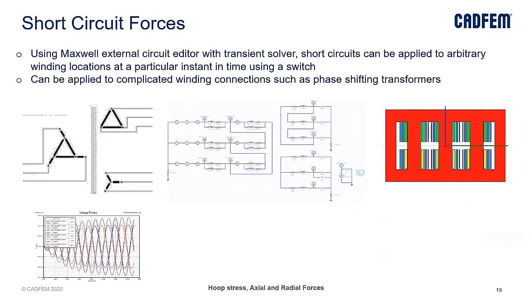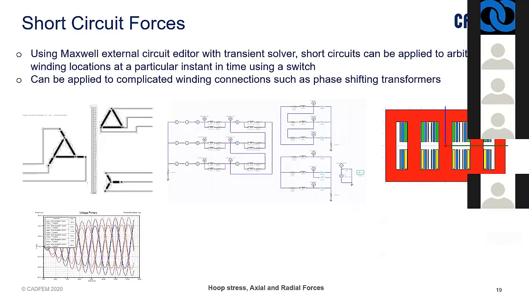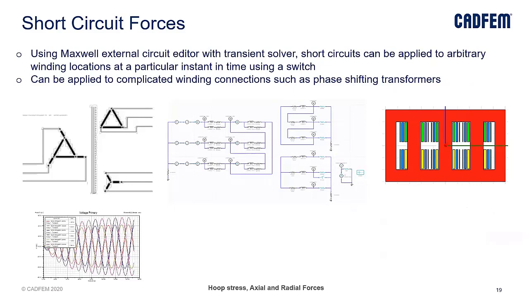So here are short circuit forces, basically how we can implement those short circuit effects in this kind of transformer. That is the major question people will ask us. I know a few people from the transformer industry are going to run this kind of test, but I'm pretty sure that it is a very costly thing. So how can we avoid this by using simulation?